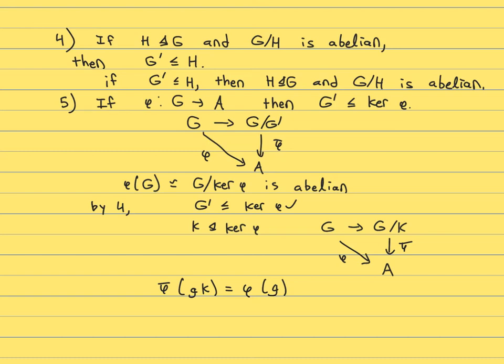It ends up working because the only way two things have the same coset is if gk equals g prime k, that means that g inverse g prime is in k, which means it's in the kernel. And you can use that to show that you get a well-defined answer.